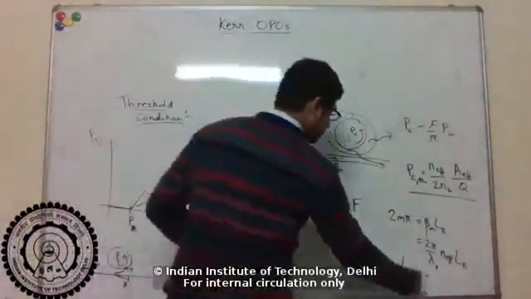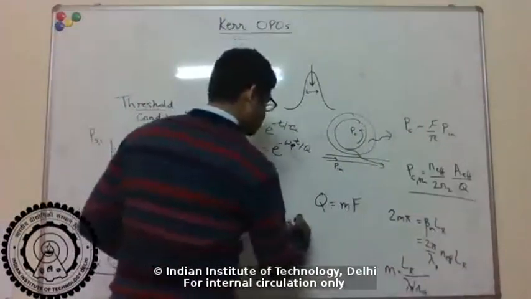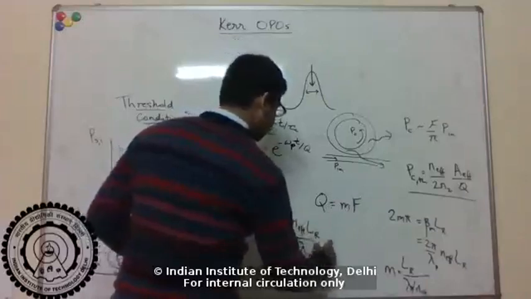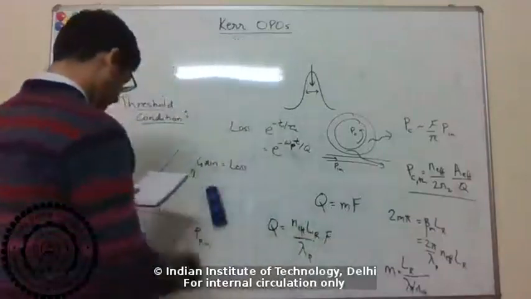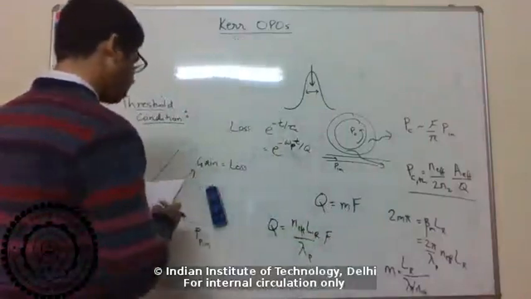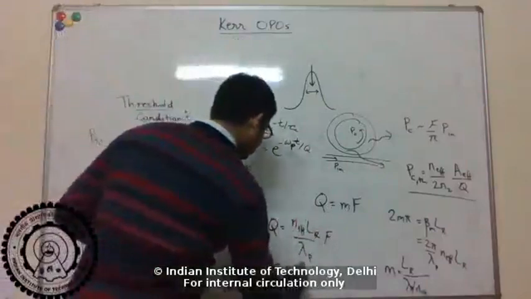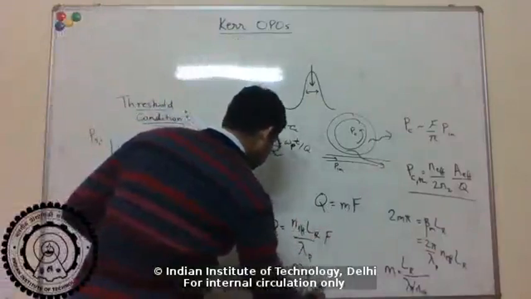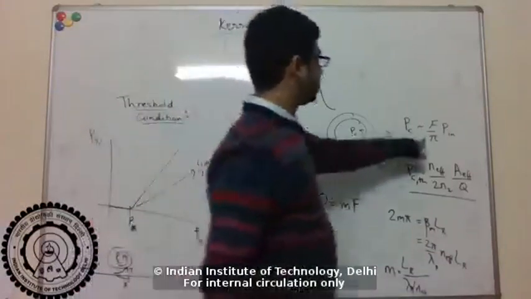So I can use this for m here. I can write Q equal to n effective L_R over λ_p times finesse. Or the other way, finesse is equal to Q λ_p over n effective L_R, and then put this for the finesse here.